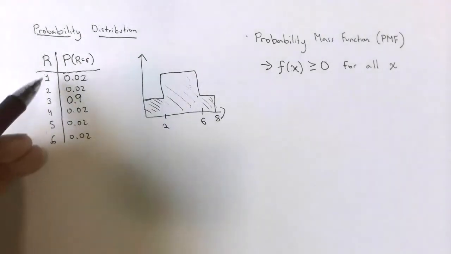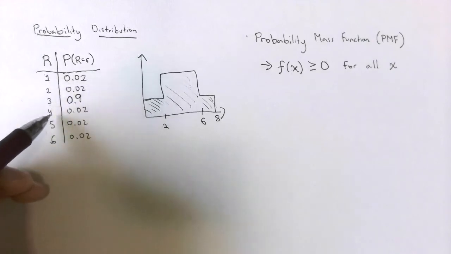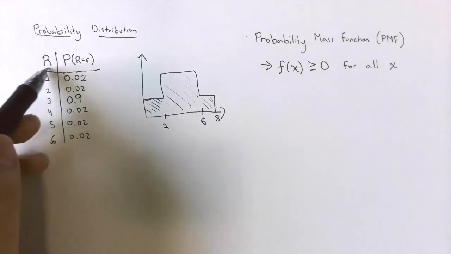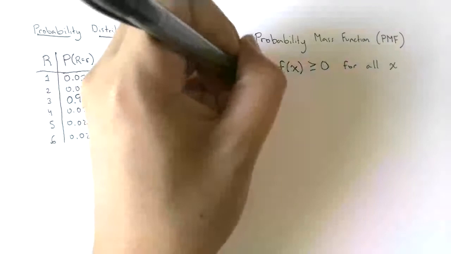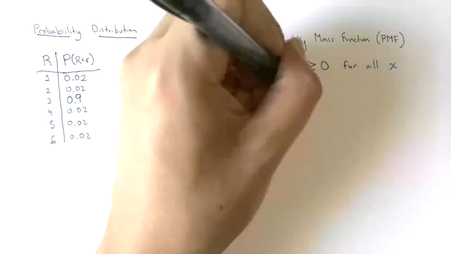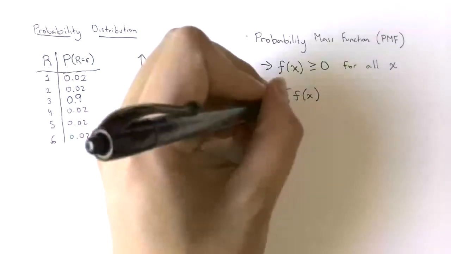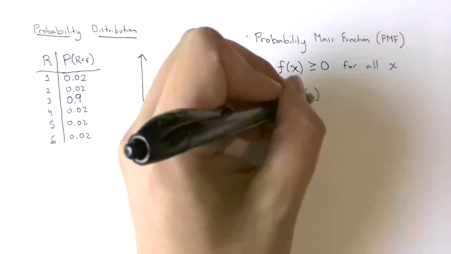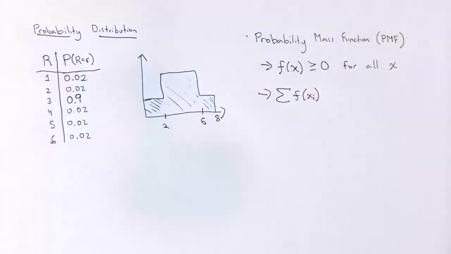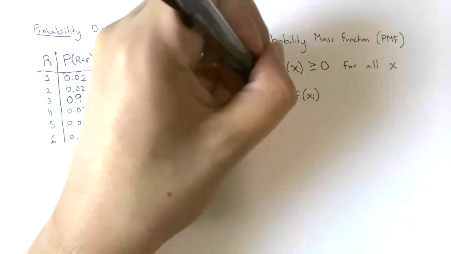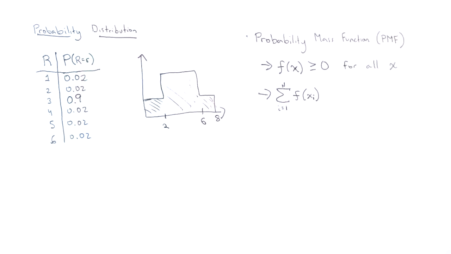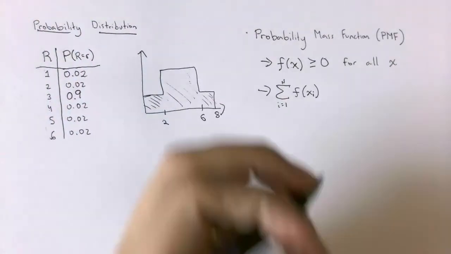So from this, we get that if we take all of the probabilities of all of the outcomes in any random variable, and we were to add them up, so we take the sum of all of the probabilities, and let's just call this x_i, all of the outcomes in any random variable, from i equals 1 to n, where n is just the number of outcomes in the random variable.